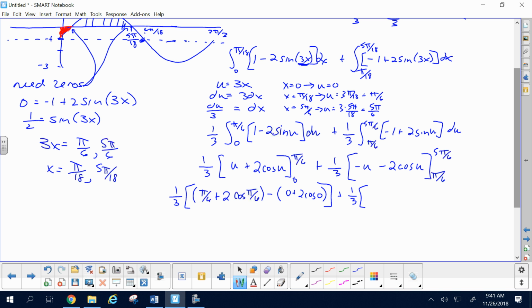When 5 pi over 6 goes in, I have negative 5 pi over 6 minus 2 cosine 5 pi over 6. Parentheses minus parentheses, negative pi over 6 minus 2 cosine of pi over 6. Yes?